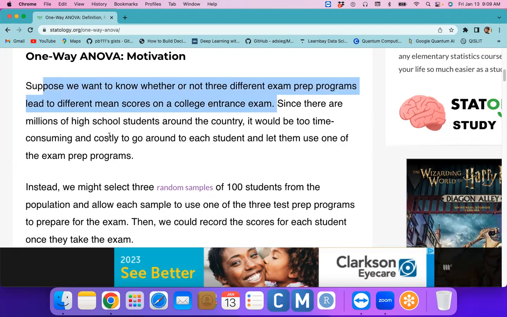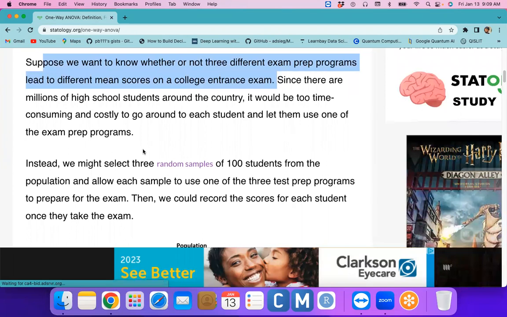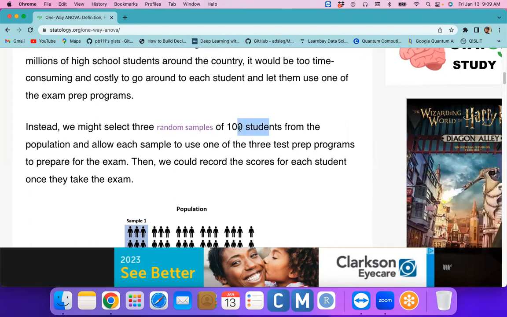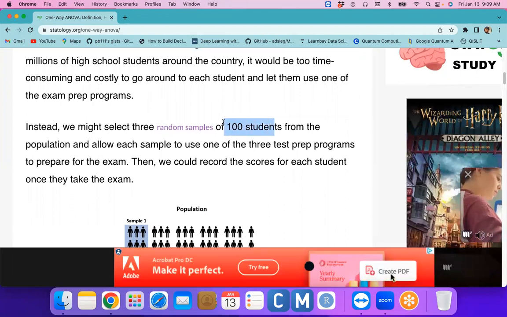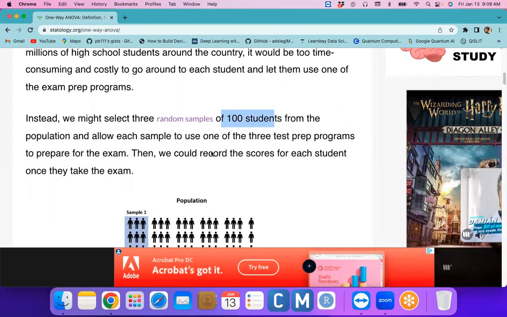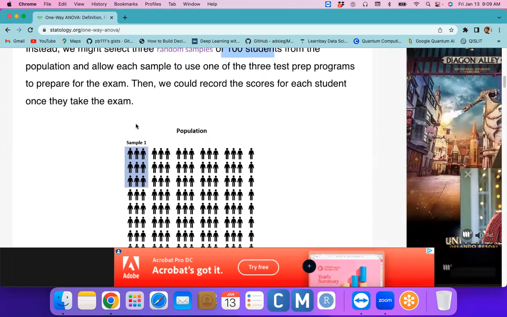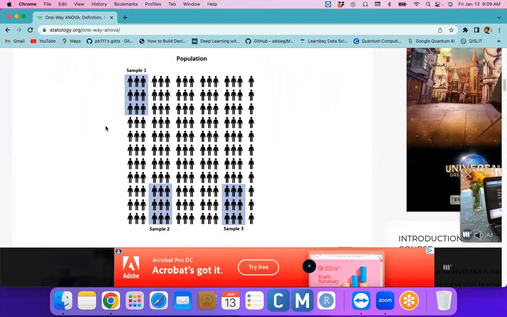Since there are millions of high school students around the country, it would be too time consuming and costly to have each and every student use one of the exam preparation programs. Instead, we might select three random samples out of a random sample of 100 students from the population. So here 100 is your sample size. We allow each sample to use one of the three test preparation programs, then record the score of each student once they take the exam.